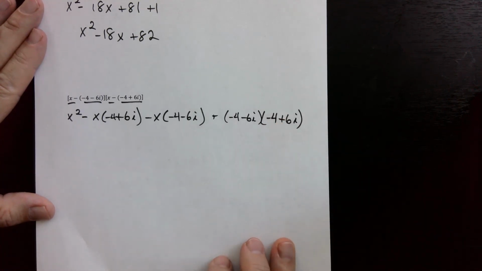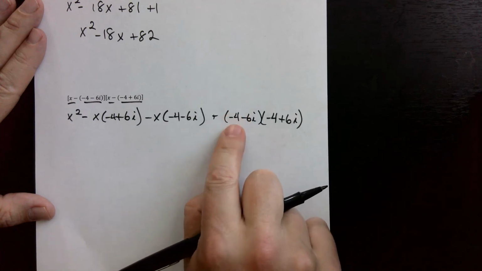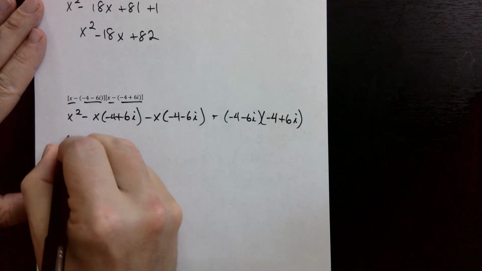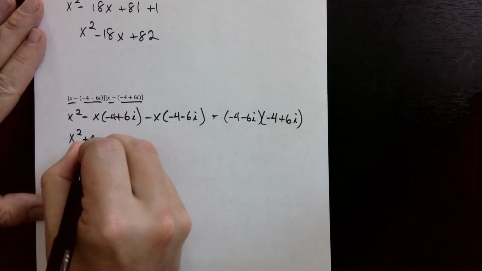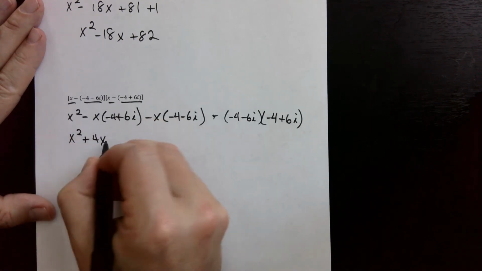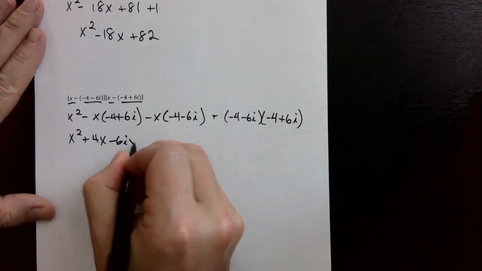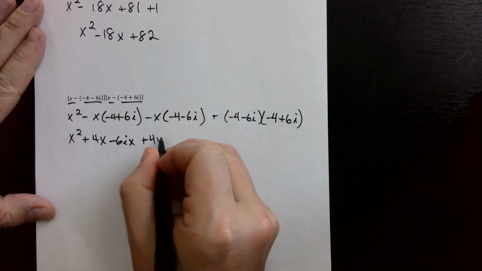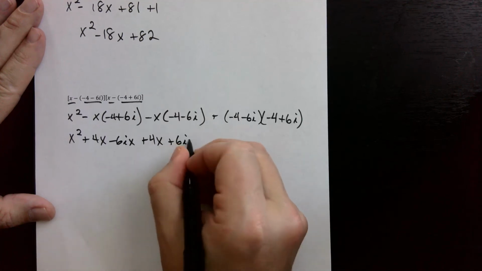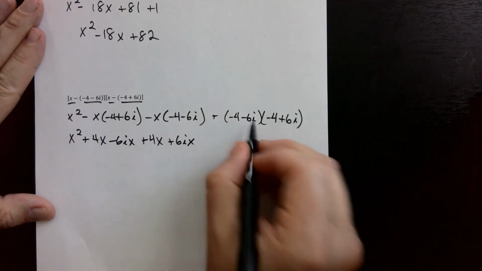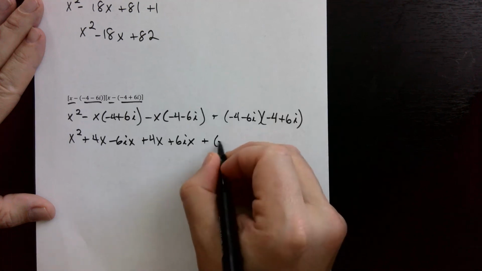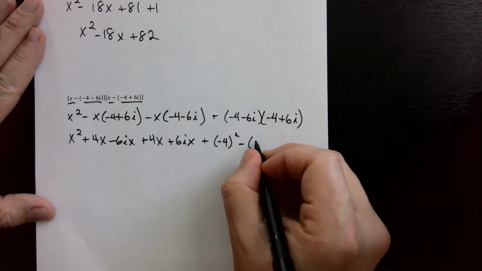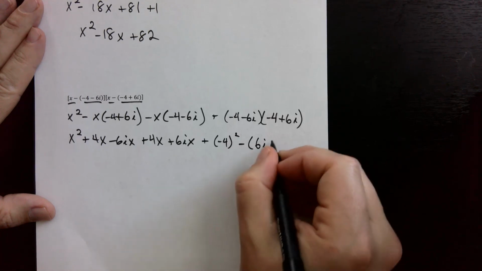Again, this is a difference of squares, a minus b, a plus b. So we get x squared plus 4x minus 6ix, takes care of that one, plus 4x plus 6ix, and then square the first term, square the second term, so plus negative 4 squared minus 6i squared.